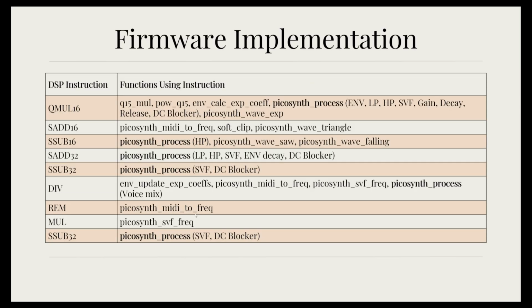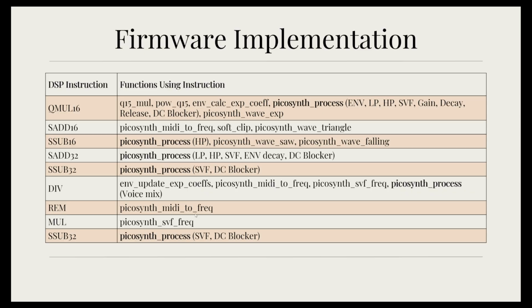On this slide, I show the firmware-side optimization, where I replace slow software math with my hardware DSP operations, focusing on the hottest path. The main target is the synthesis loop, because the per-sample processing dominates the cycle count, so I apply Q15 multiplication widely inside the synthesis process.